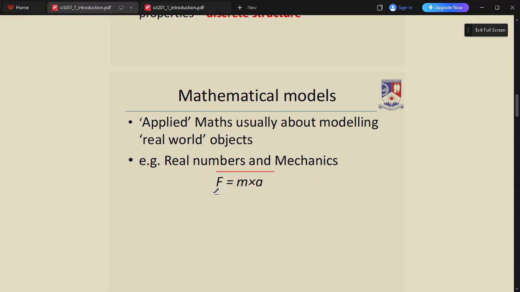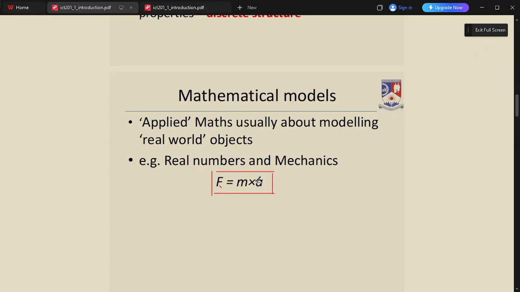When you look at this equation, Newton's second law of motion, it says force is equal to mass times acceleration. Now, why are we saying this can be given as an example of a mathematical model? That is because it models how force is related to mass and acceleration.